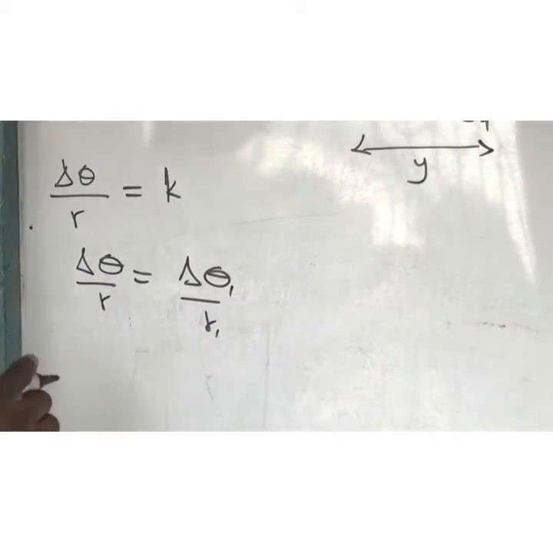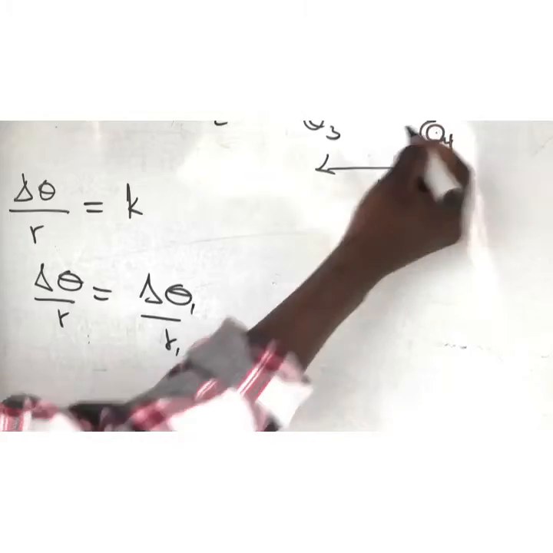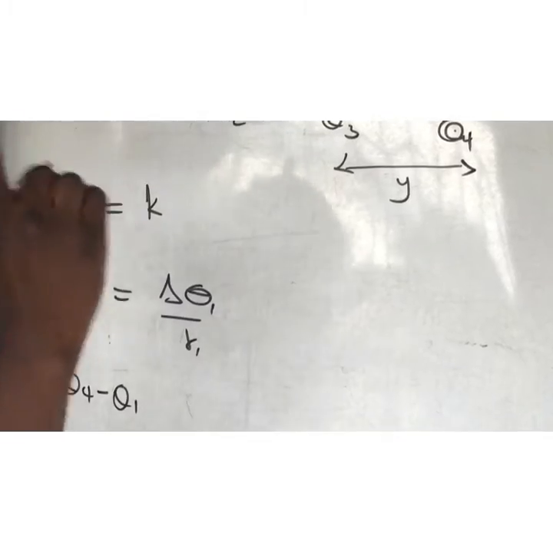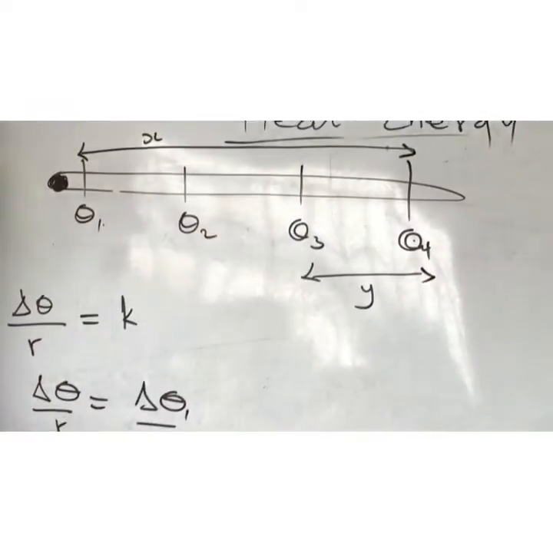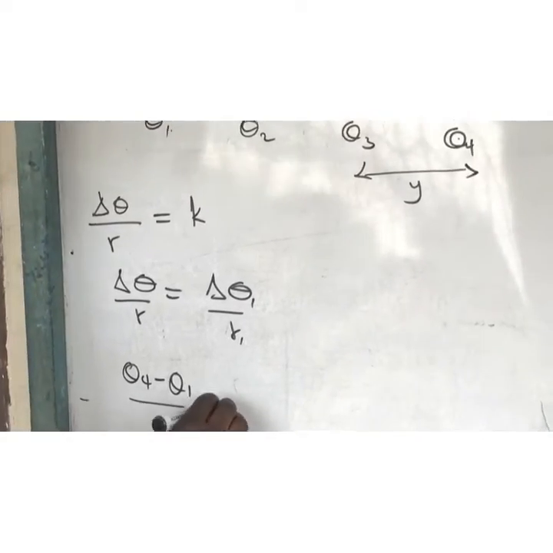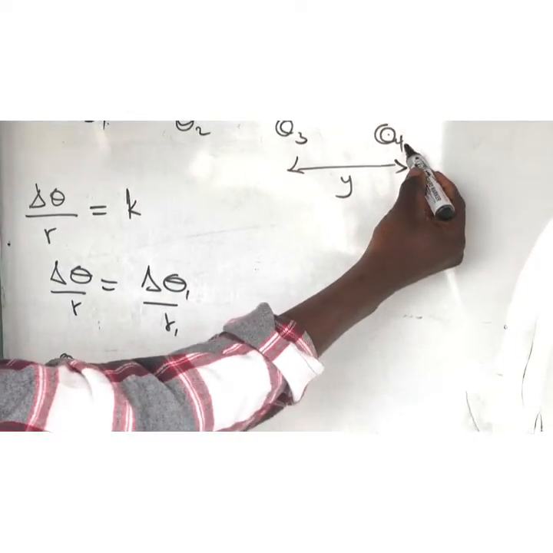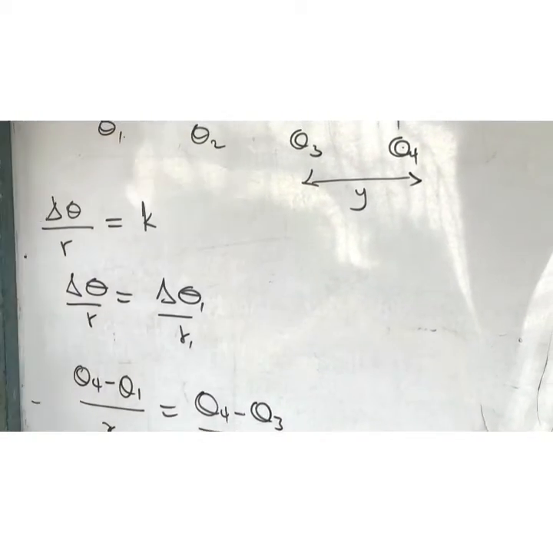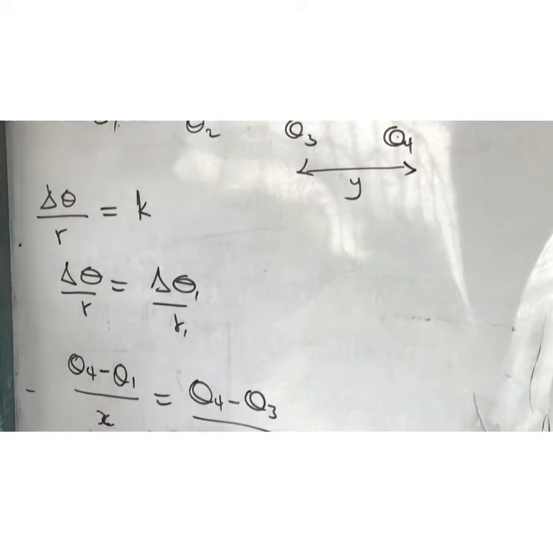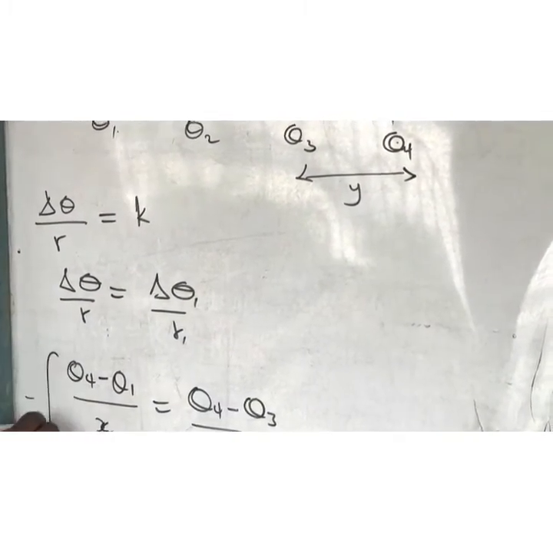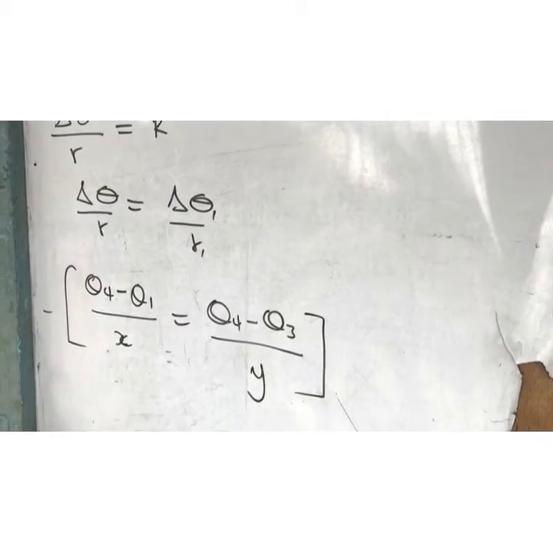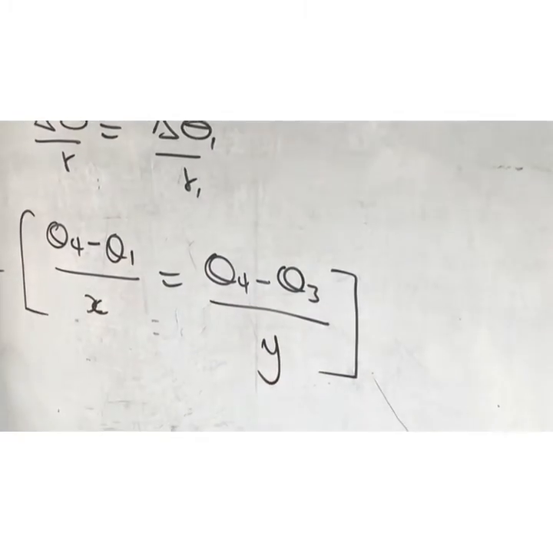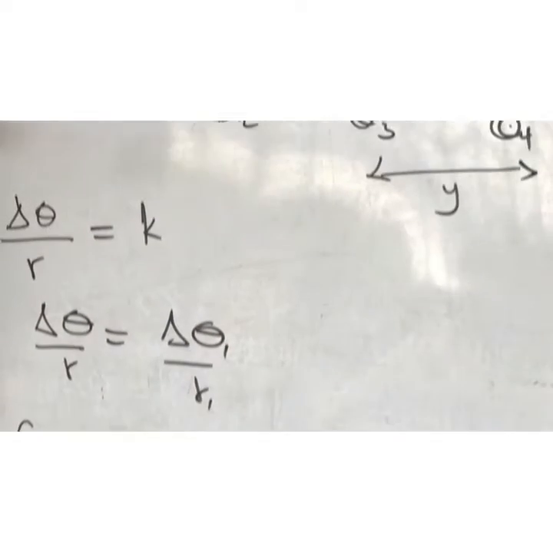From this point, the change in temperature is theta 4 minus theta 1. What is the distance separating theta 4 and theta 1? That is x. Out of x is equal to theta 4 minus theta 3, out of the distance separating theta 4 and theta 3, which is y. With this formula, you could be asked to find any of the variables here, theta 4, x, y, and you are going to use this principle.